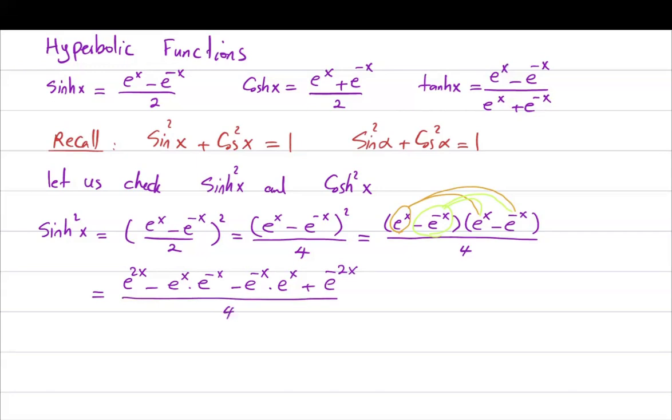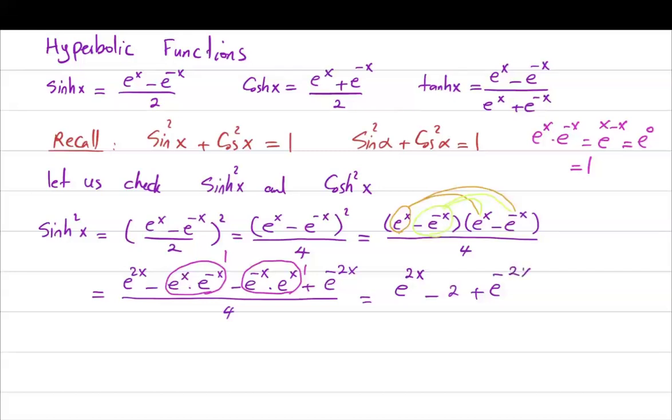But again, from algebra, remember that if you combine these two quantities, it is equal to 1, because e to the x times e to the power minus x is e to the power x minus x, or e to the power 0, which is 1. So this can be written as e to 2x minus 2 plus e to the power minus 2x divided by 4.